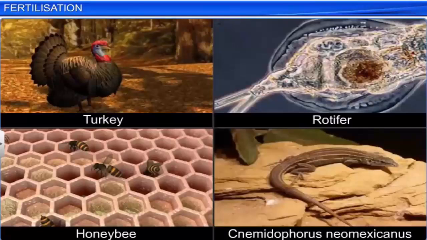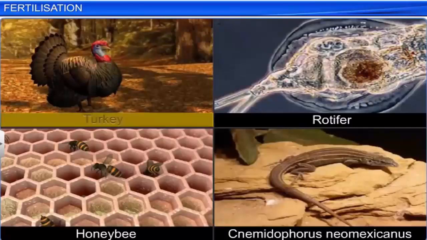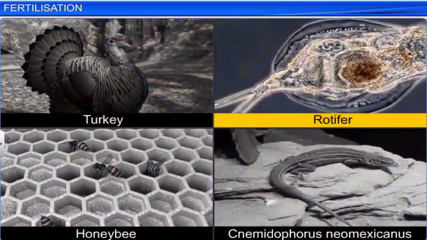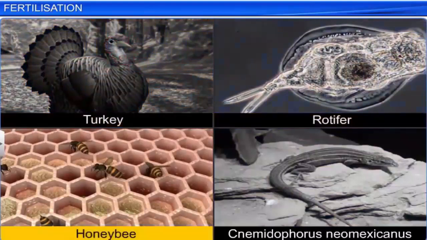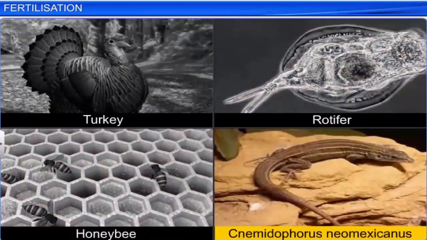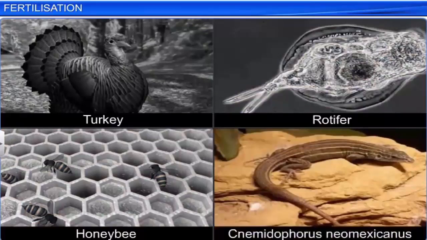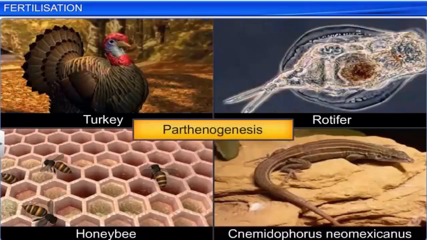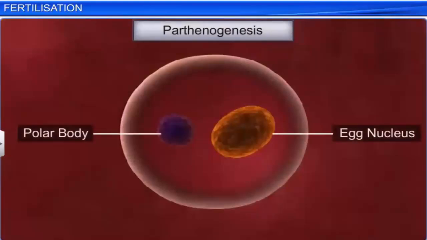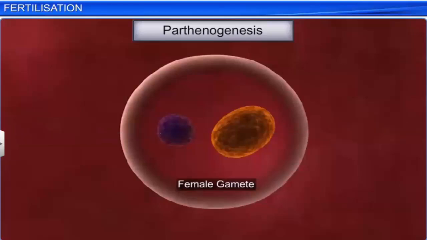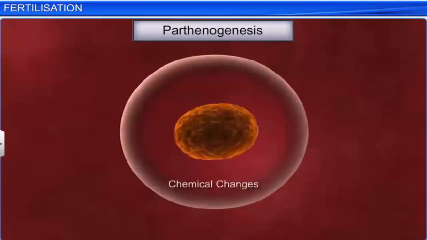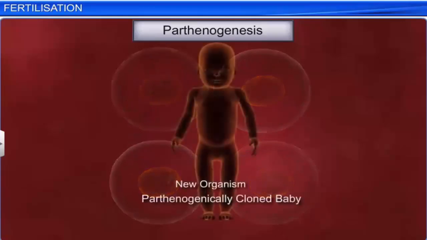In certain organisms, such as turkey, rotifers, honeybees, and even some lizards such as Cnemidophorus neomexicanus, a process called parthenogenesis takes place. In this process, the female gamete does not fuse with the male gamete, but undergoes developments such as cell division or chemical changes to form new organisms.